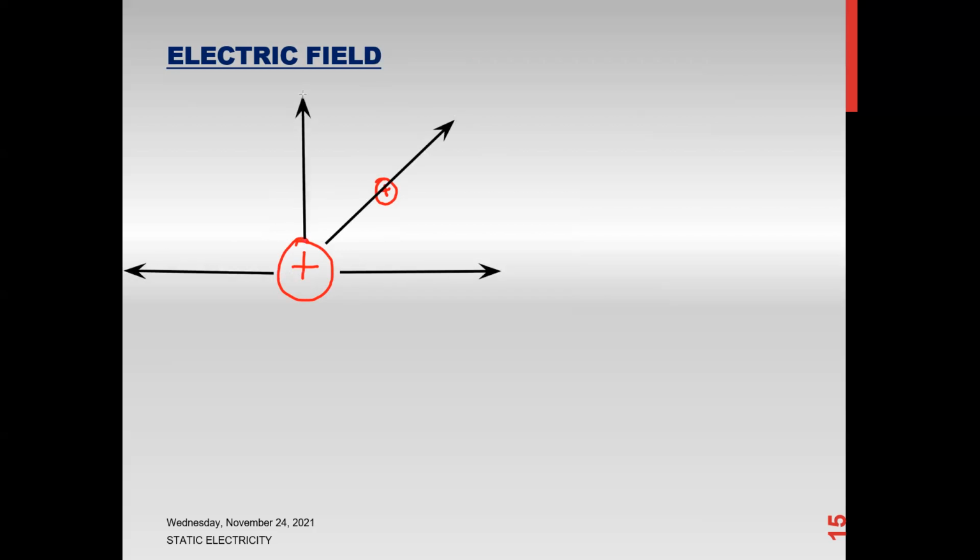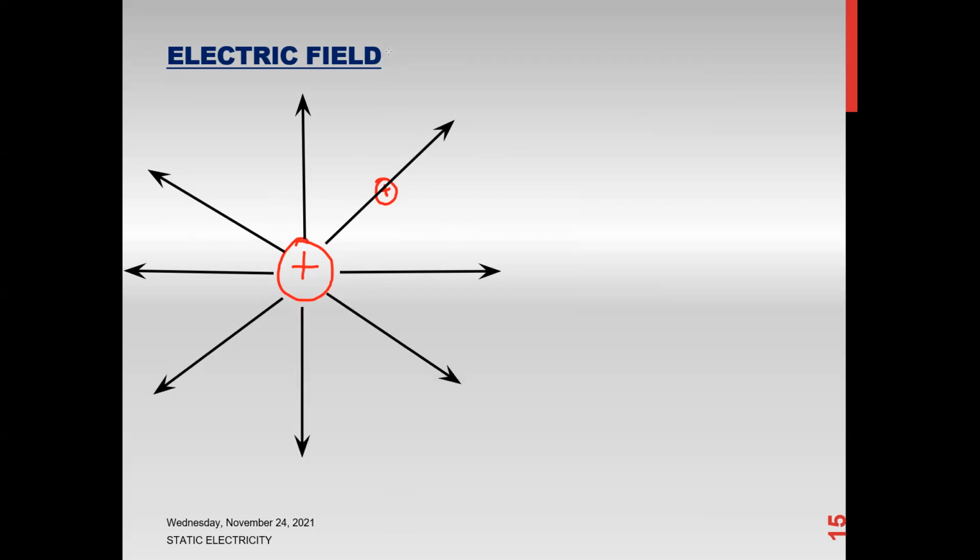And how do we represent a region? For example, if I have a positive charge and near it I place another positive charge, what will happen? We know like charges repel each other, so this positive charge will repel. That's why whenever we have a positive charge, we draw electric field lines, which are lines showing the field strength and the direction of the field.